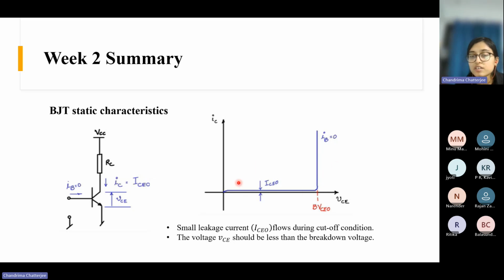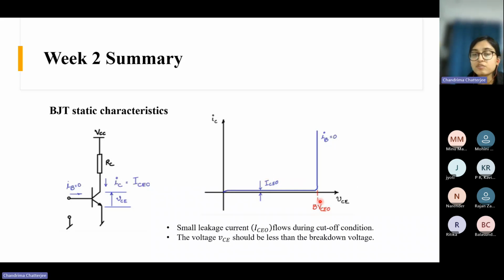Whenever you are using a device, you should always remember that the voltage you apply shouldn't exceed this breakdown voltage; whatever voltage the device is intended to block should remain within this limit. So these two parameters, ICEO and the VCE breakdown, are important whenever we select a device, right?